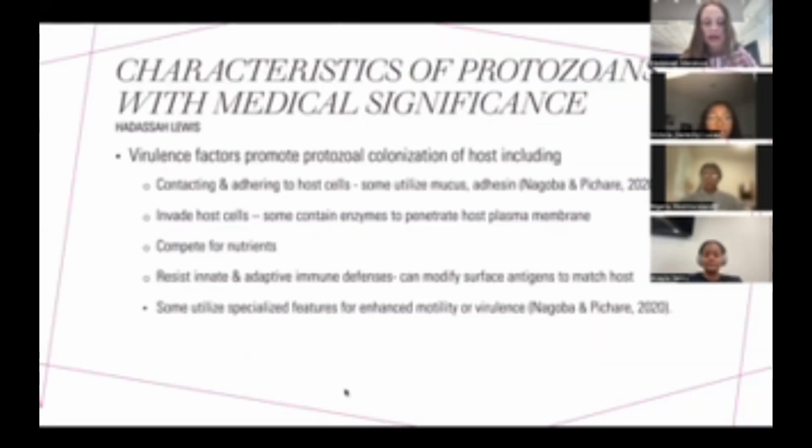There are many different characteristics of protozoans with medical significance.